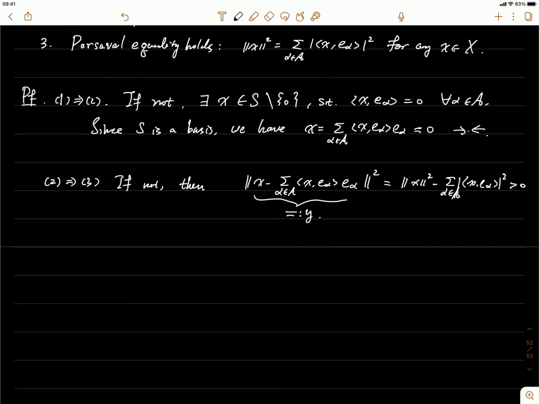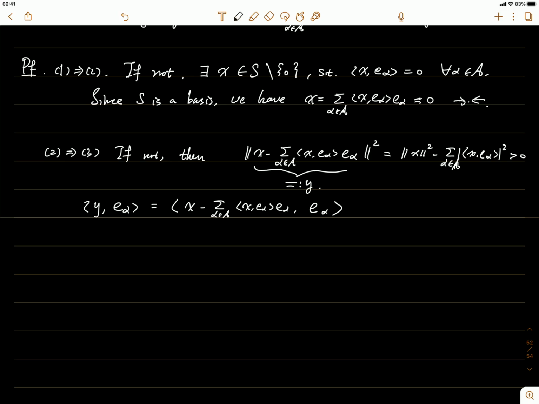So I know that y is non-zero. At the same time, as we showed before, when we take the inner product of y and each of these e_alpha, what we get is <x, e_alpha> minus the sum over alpha prime of <x, e_alpha prime> <e_alpha prime, e_alpha>.